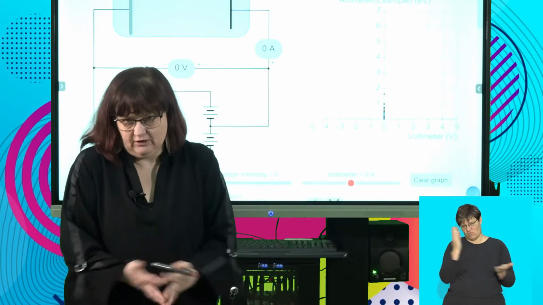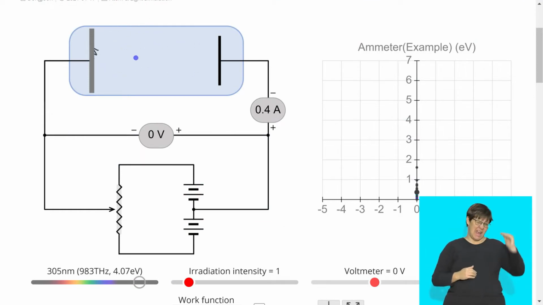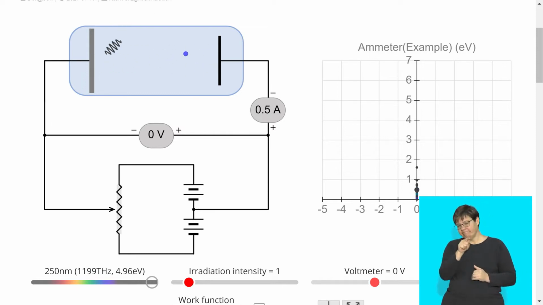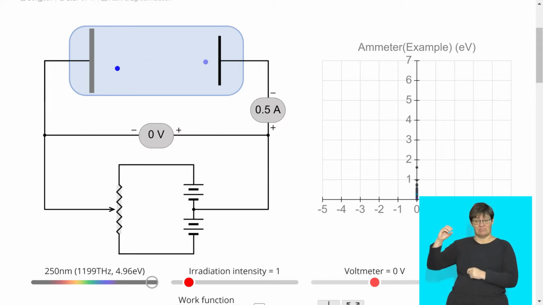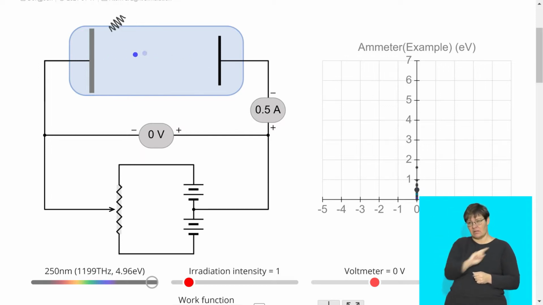That's fairly straightforward, okay? Let's go back to 1. Let's make it much higher, so we're in the ultraviolet light. Let's make it as high as we can get it. Even before I change the current, you can see that those single little electrons that are coming off are moving much faster.